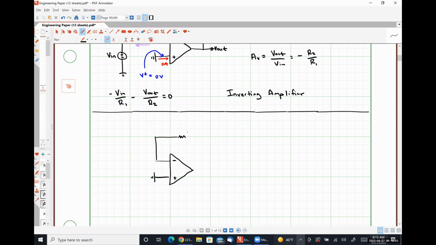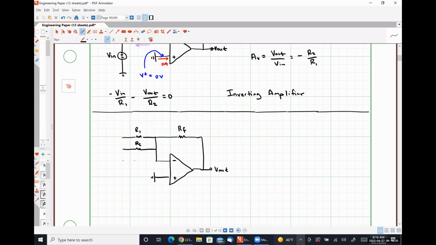I'm going to call my feedback resistor, in this case, RF, and you'll see why I'm using that designation in just a moment. We're going to take our output signal here. But what we're going to do is on the inverting input side, instead of having a single resistor, which I'm going to call R1, we're going to have multiple resistors.